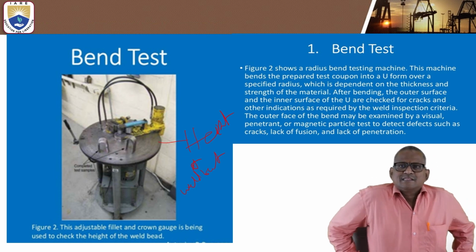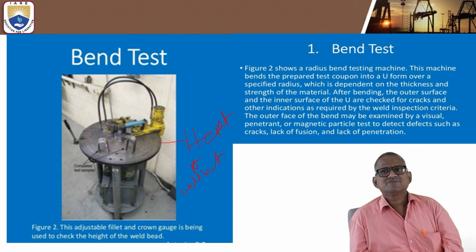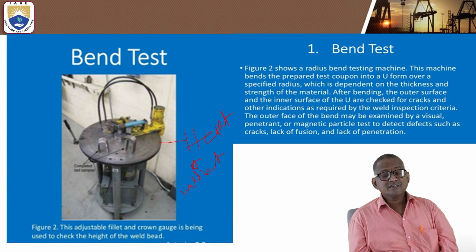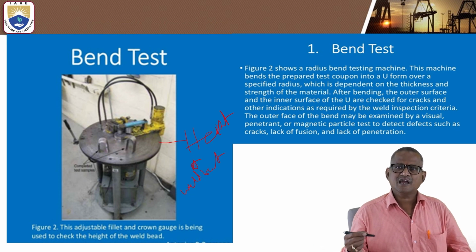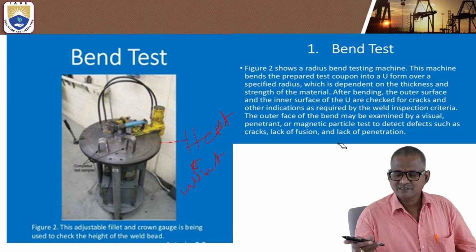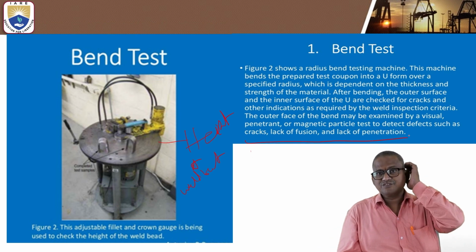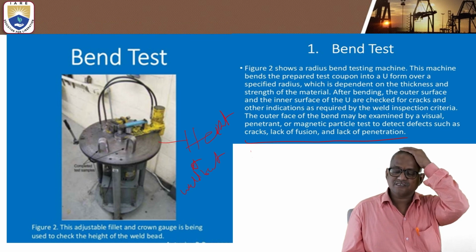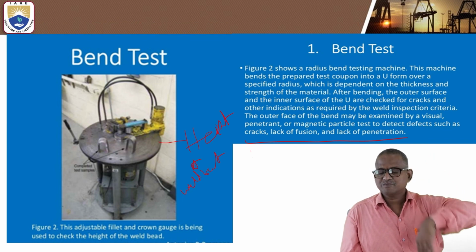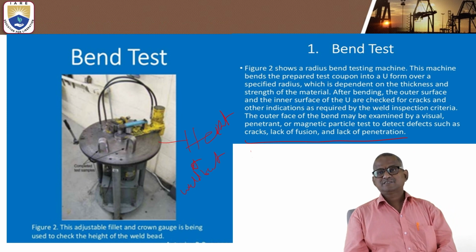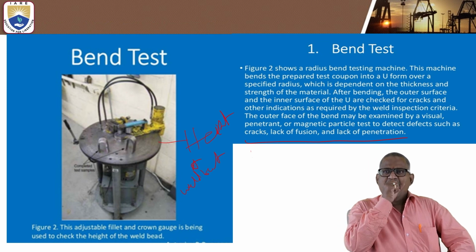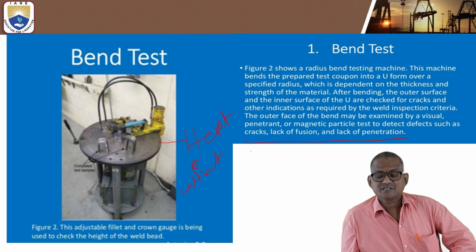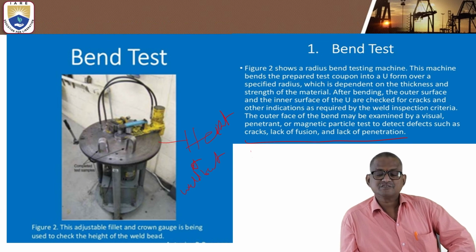In general, the magnetic particle test is also important in this bend test, in order to detect defects such as cracks, lack of fusion, and lack of penetration. This is very important in the bend test and its criteria, and in identifying the defects in this type of destructive test.